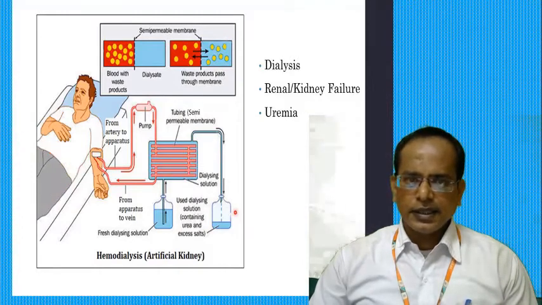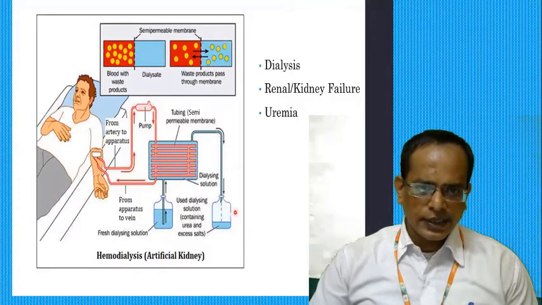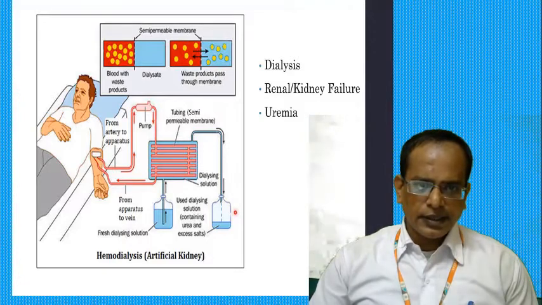That means the impure blood is taken from the artery, which is connected to the tube. Then it is connected to the pulsating pump.